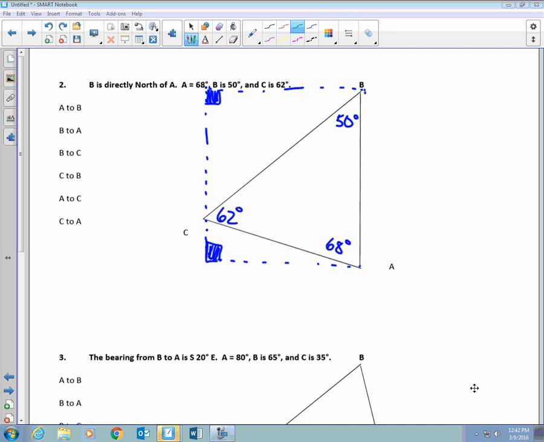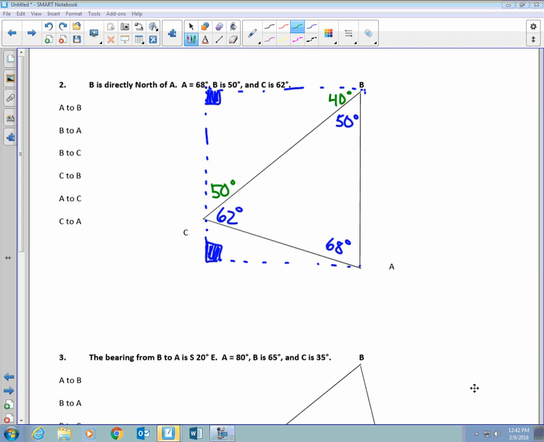What's an angle up here that you know? What is that? Once I know that, this one should be easy to find. 50 and 62 make 112.